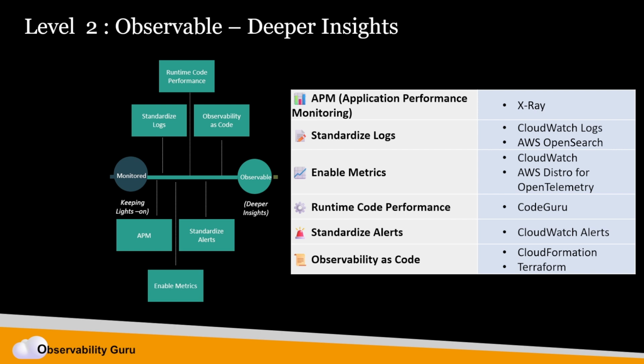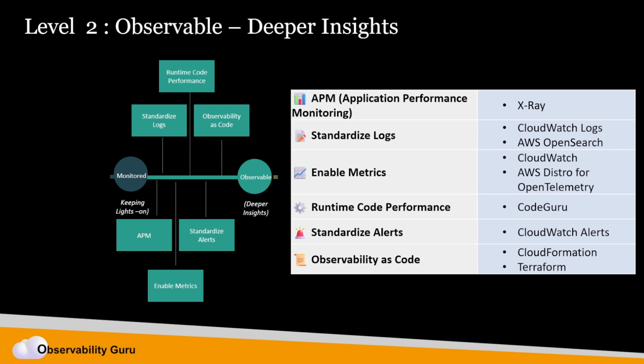We can use AWS CloudWatch Logs or AWS OpenSearch, making sure we standardize logs and get the best when it comes to logging. And these two will enable metrics which are correlated with our system performance, which will allow us to understand the internal system state, and also what is happening from a business perspective.